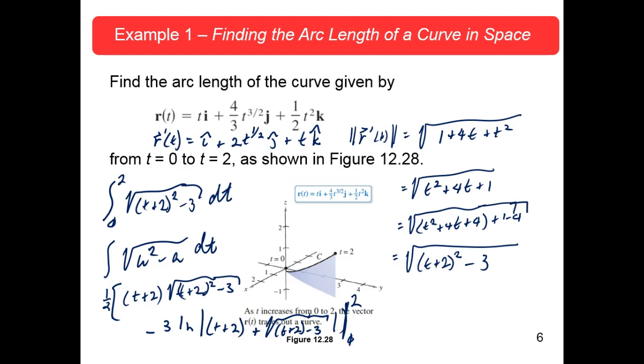Okay. So let's see what we get. And the 2 and the 0, remember, are the limits on t, from 0 to 2. Now, one thing I think we can take care of right off the top is, well, maybe not.